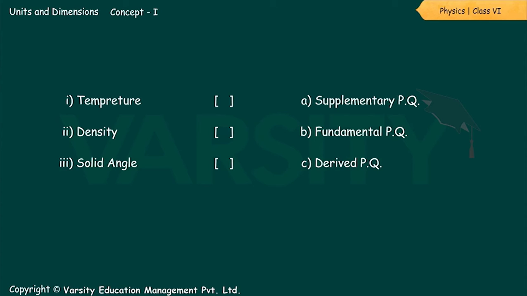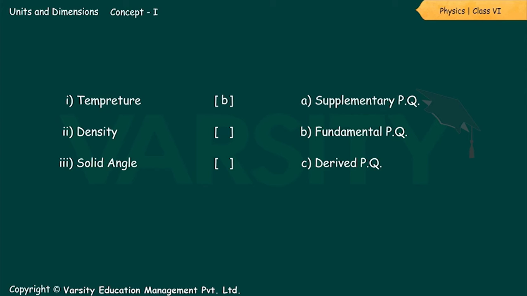Let's look at temperature. We are given mnemonic to the 7 fundamental quantities. The T stands for thermodynamic temperature, also called as temperature. This is obviously fundamental physical quantity, so matches option B. Next one is density.